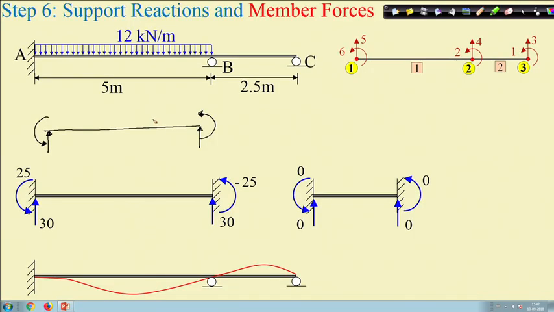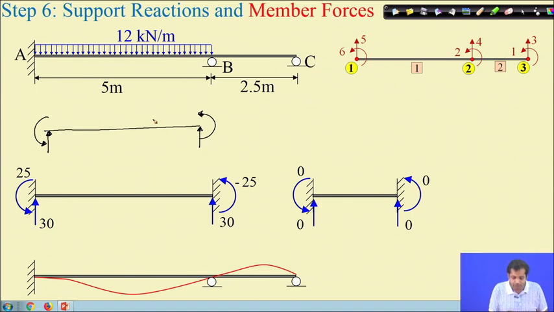But when you numerically add them or do algebraic manipulations between the moments, the sense you have to consider is clockwise or anti-clockwise, not sagging and hogging. Since anti-clockwise is considered positive, it is shown like this.